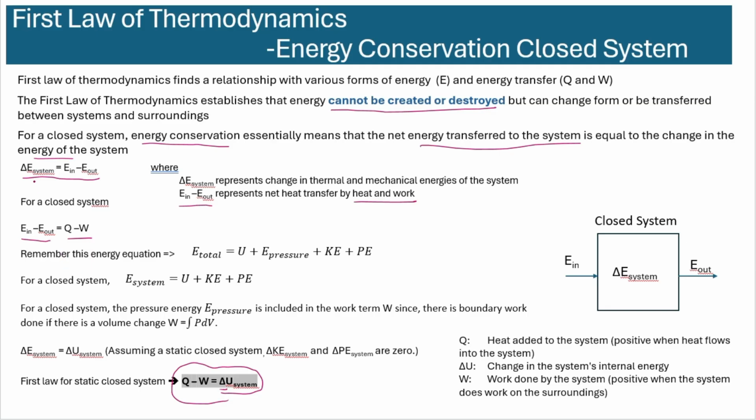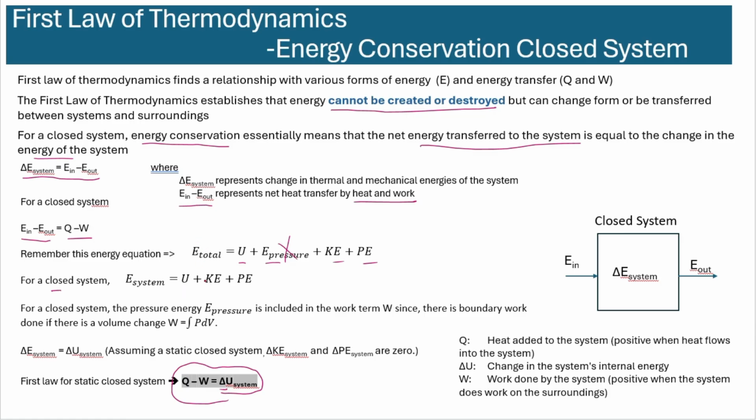Now what is delta E system, or change in the energy inside the system? You could say the total energy of the system can be expressed as the sum of internal energy, pressure energy, kinetic energy, and potential energy. For a closed system, we will not use the pressure energy here.